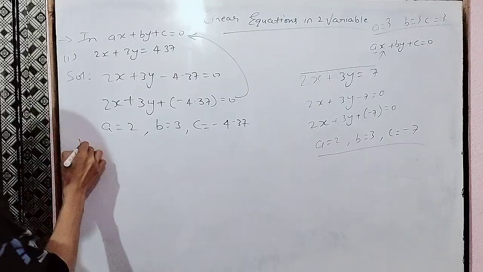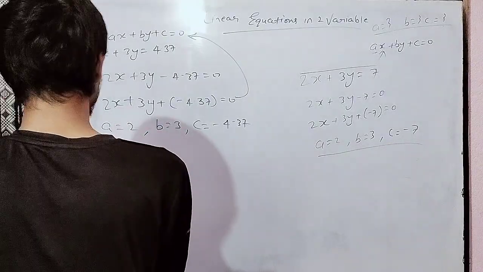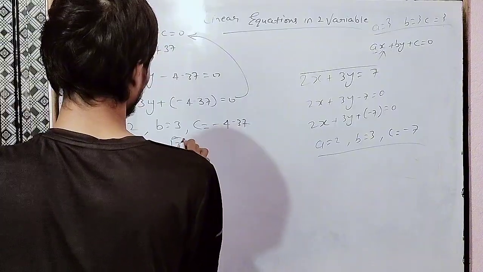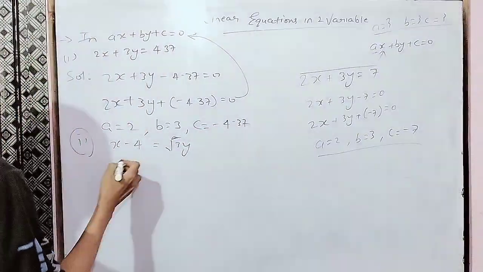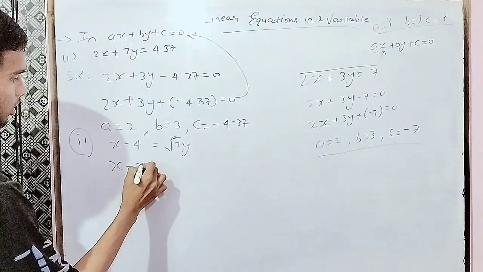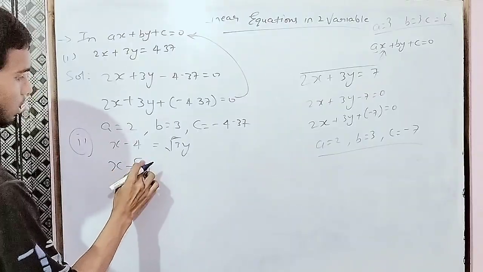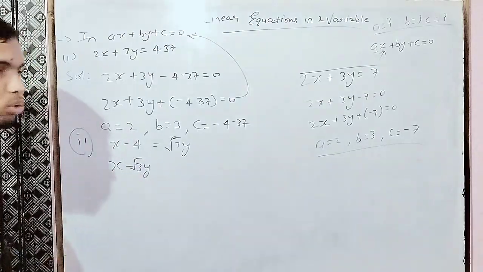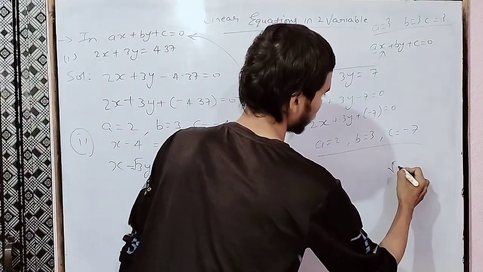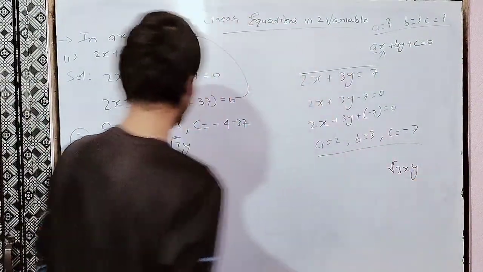Now next is x minus 4 is equal to root 3 y. Okay. Now we can arrange it in this form: x and this minus root 3 y. So here y is not under the root. Y is not under the root. This is separate, like that. Root 3 multiplied by y.